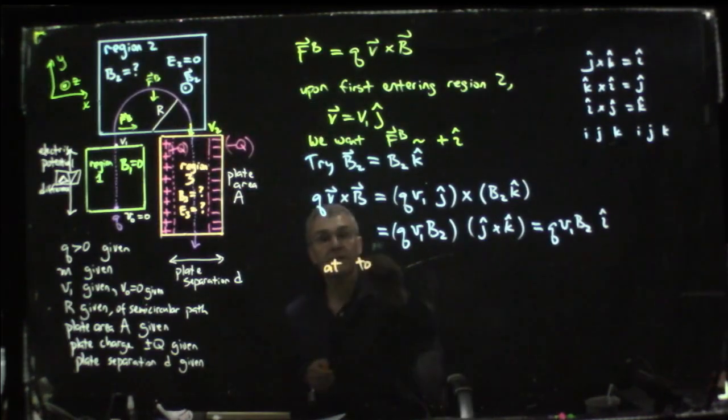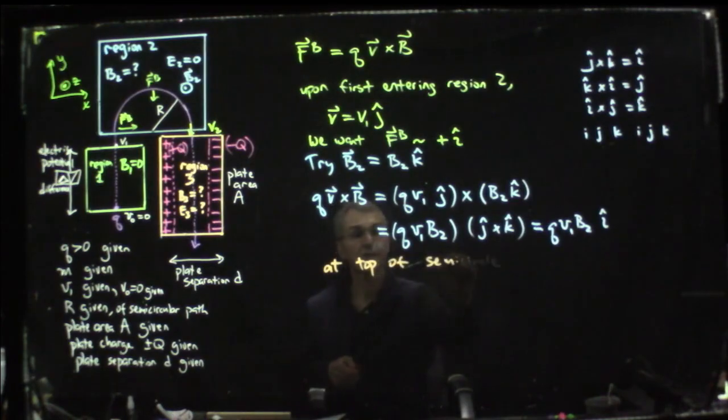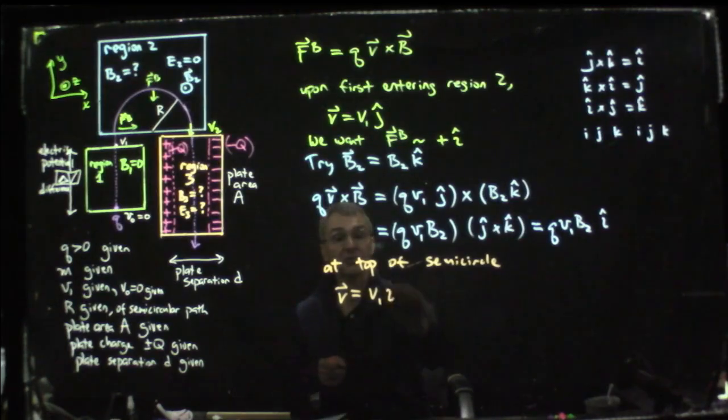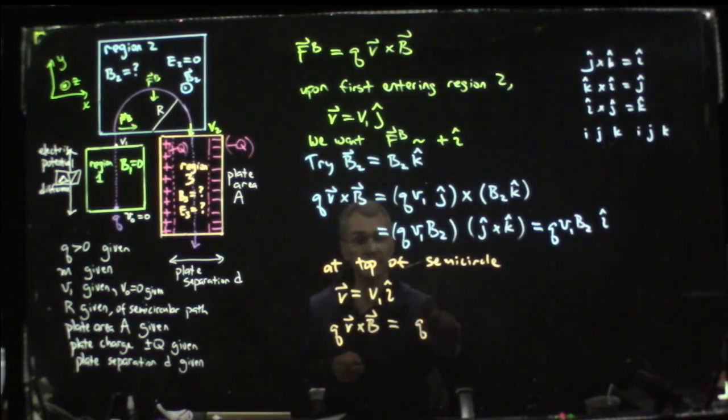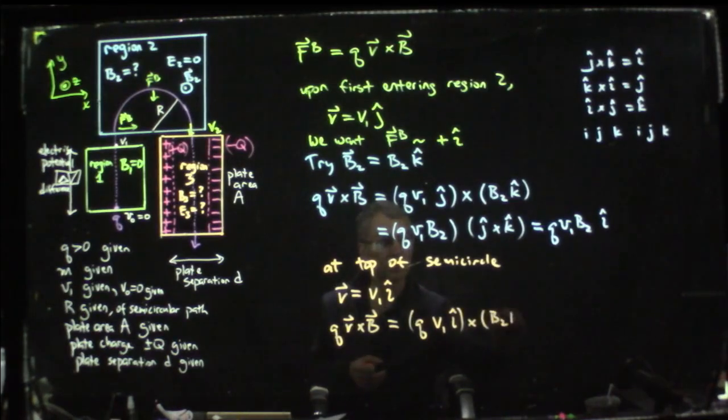At the top of the semicircle, V is the same speed, but now we're in the plus x direction, so that's V1 times i hat. So QV cross B is our magnetic force, so that would be Q, and then here's V1 i hat, and then the magnetic field is still going to be B2 k hat.